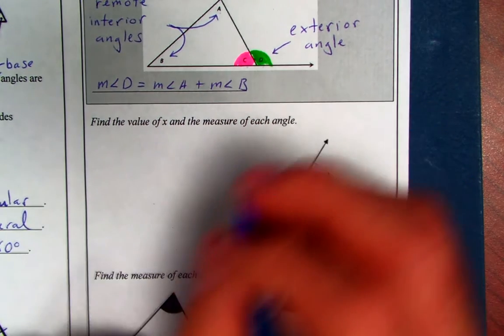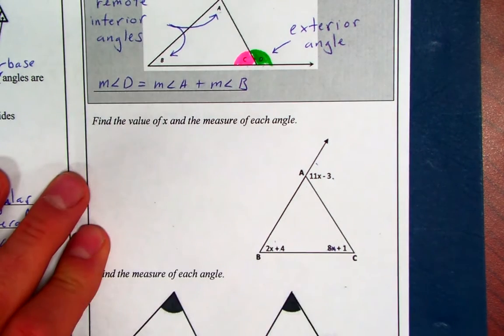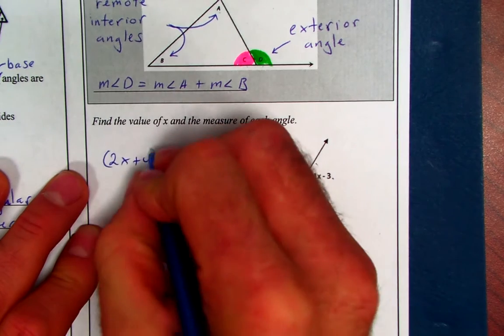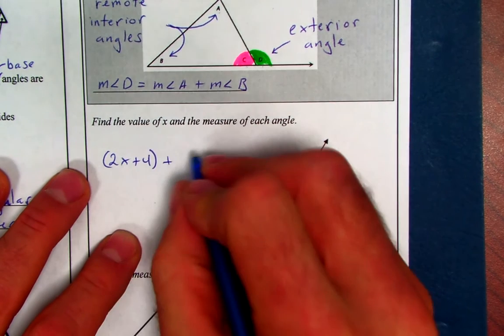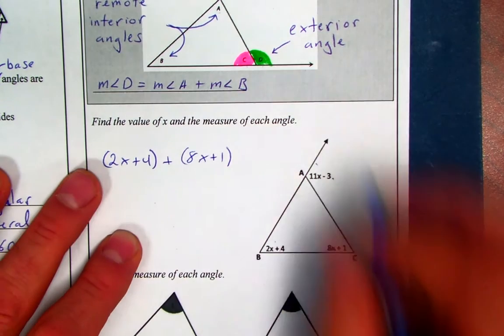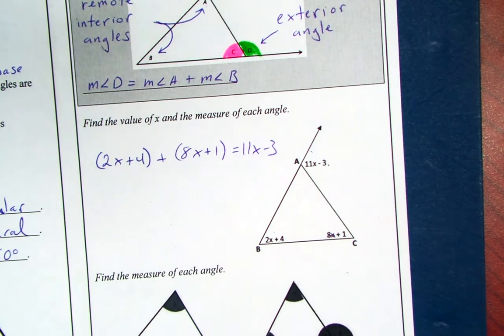Okay, so we'll say that 2x plus 4, that's one of the remote interior angles, plus 8x plus 1, that's the other remote interior angle, is equal to 11x minus 3, the exterior angle. So we set up an equation that we know to be true.